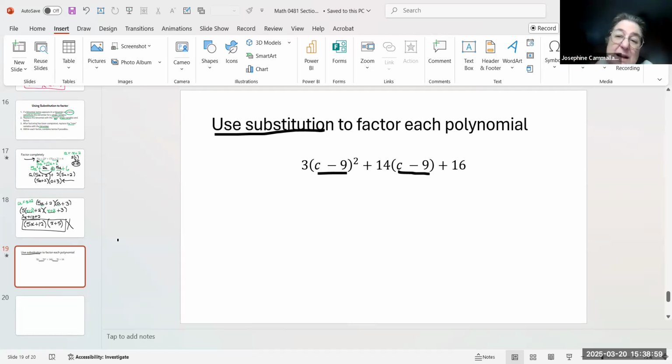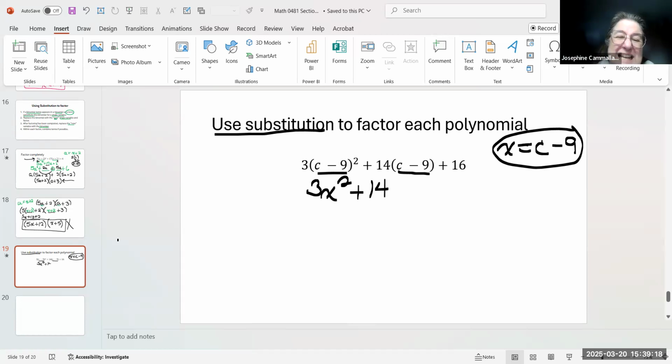Pick a letter. Well, let's take x is equal to c minus 9. This is my substitution. I'm going to rewrite 3x squared plus 14x plus 16.